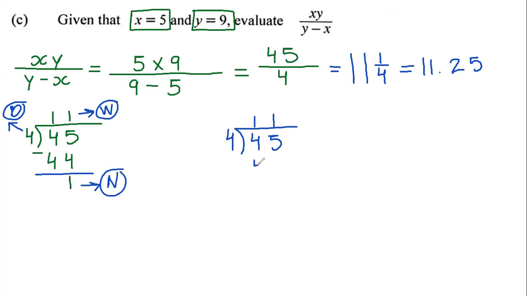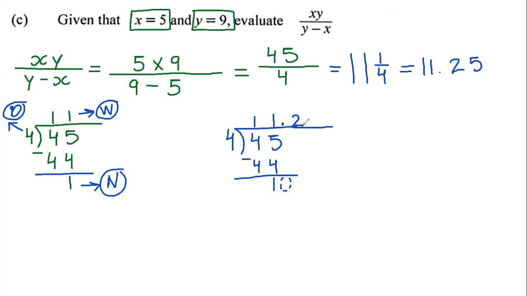It's going to be 44. 5 minus 4 is 1. We can put the decimal point, and the decimal point gives me permission to add an imaginary 0. How many times does 4 go into 10?